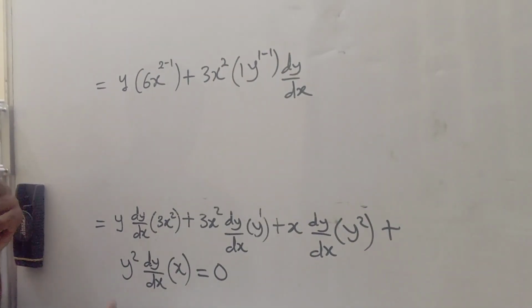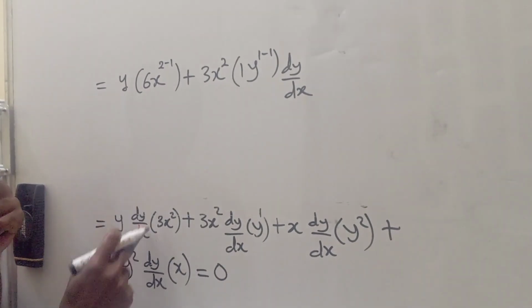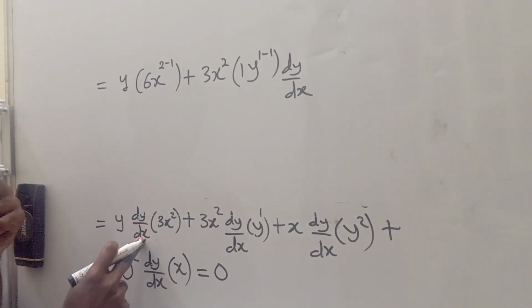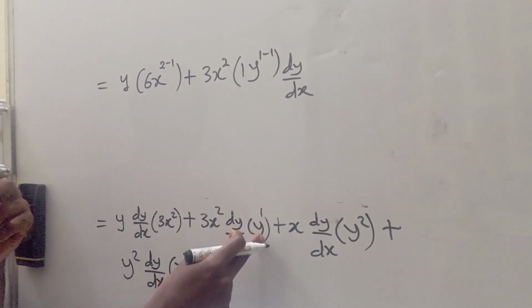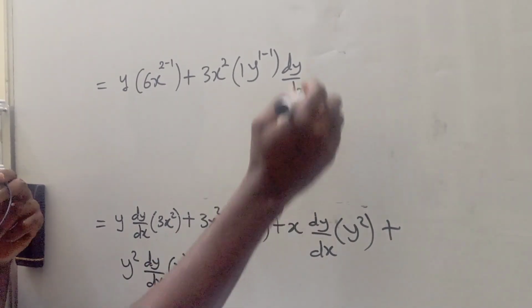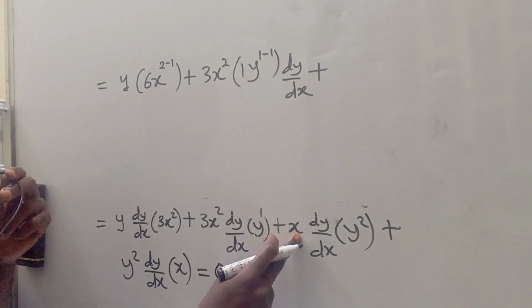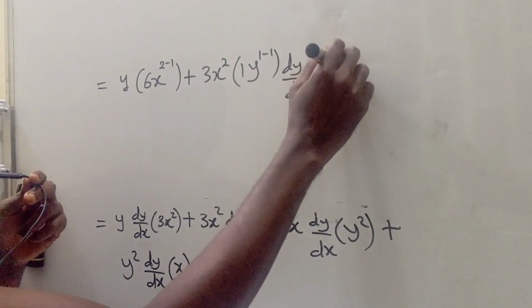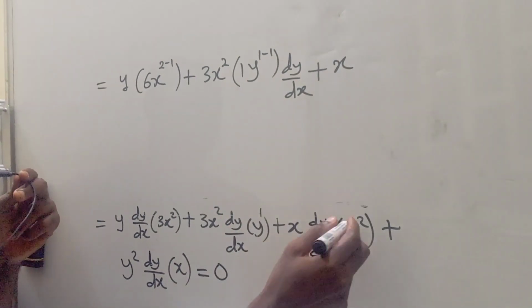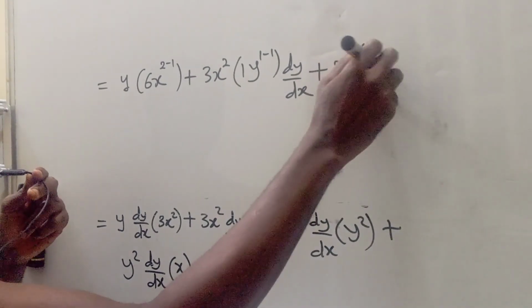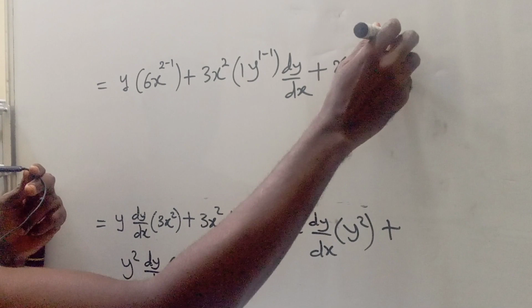Now, if you observe here, the dy over dx is gone. So anytime you are differentiating with respect to x, this will go. But if you are differentiating with respect to y, this will stay. So plus, now for this we have x. If we differentiate y squared, the 2 will come down, so I have 2 multiply y, raised to 2 minus 1.